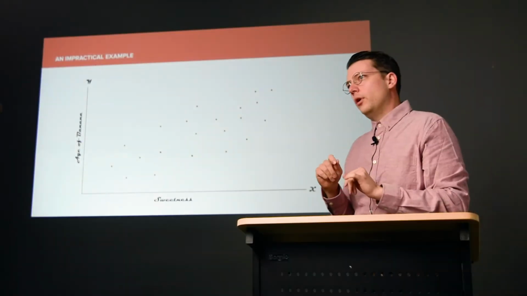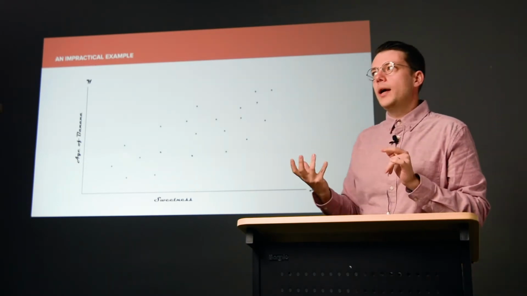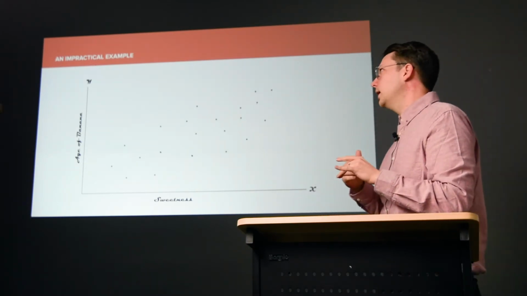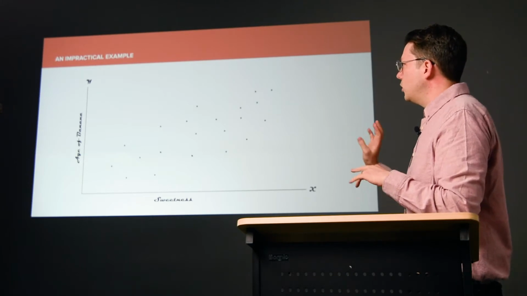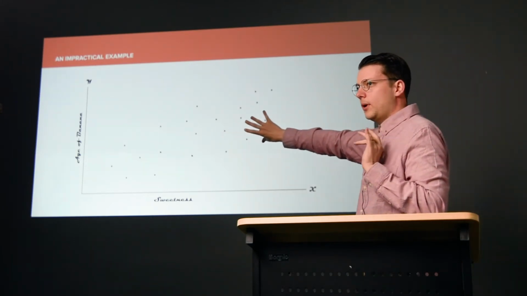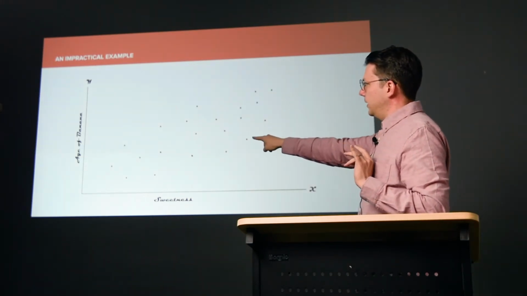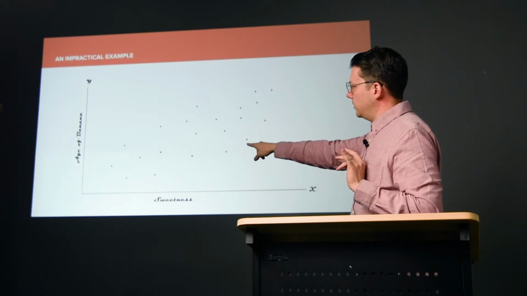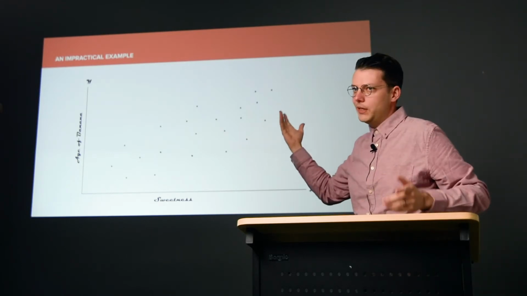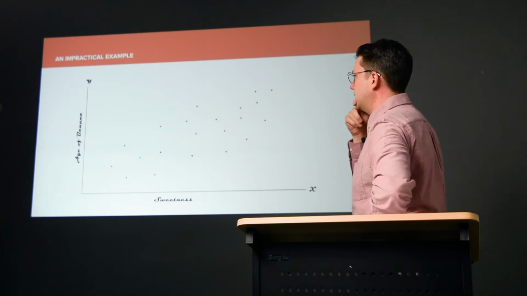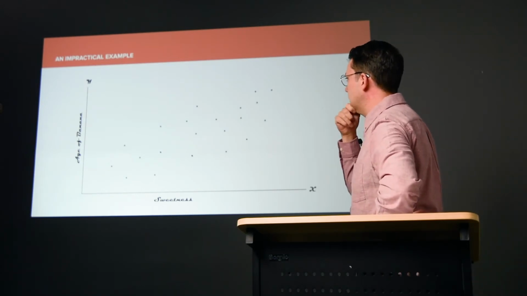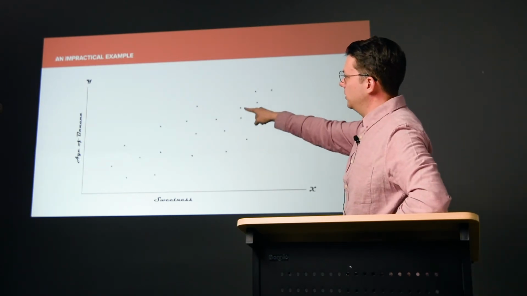And what we're looking for is a pattern. And right away, with this type of data, only two variables, you can see that there's some kind of a progression here. We have a couple of points here. Somehow we were able to scientifically measure sweetness in this chart. I don't know how we did that, but we did it. And then we have the age of the banana.